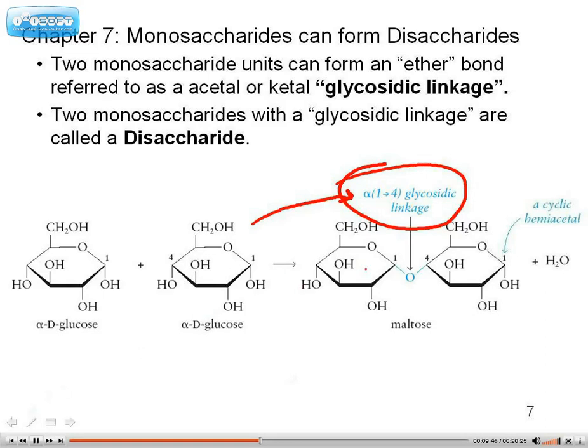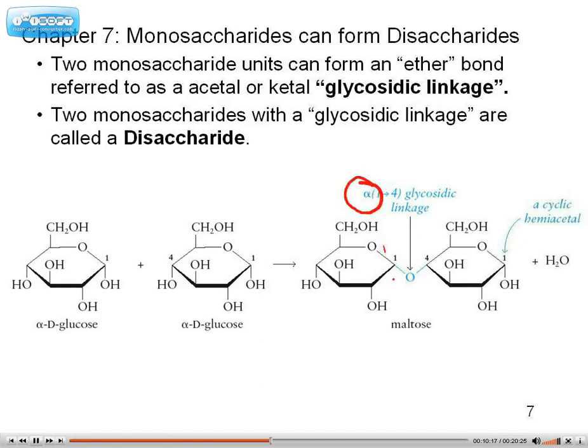This is important because at a later time, a cell may want to break this down for energy, and when it does, the very first thing it needs to do is break this glycosidic linkage into monosaccharide units, so that it can break down the sugars individually. And certain enzymes need to be present to break down the glycosidic linkage, provided it's in the alpha position.